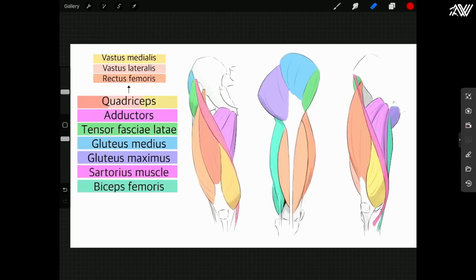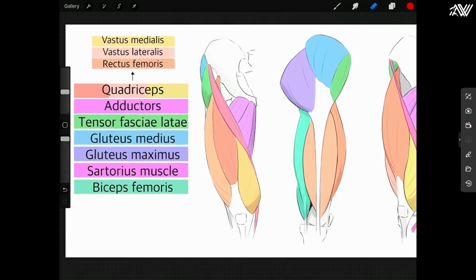Now, if we look at the anterior side, or the front side of the leg muscles, we can see a myriad of different muscles. Some of these will definitely dictate the form and gesture of the legs. Other ones a little less so, but we'll go over them individually. So one of the major ones, of course, is the quadriceps, right?